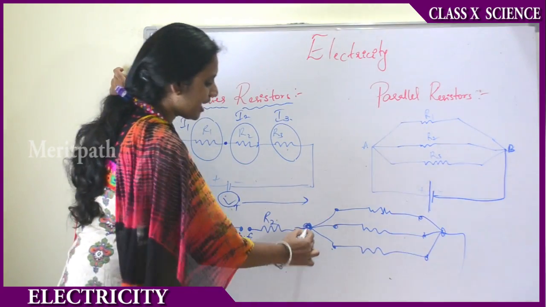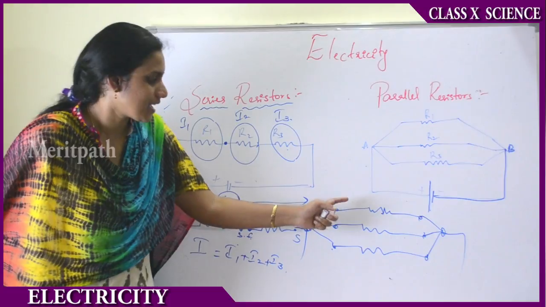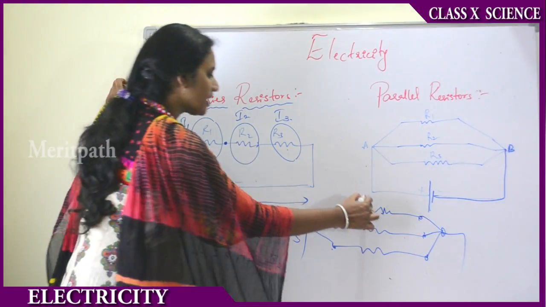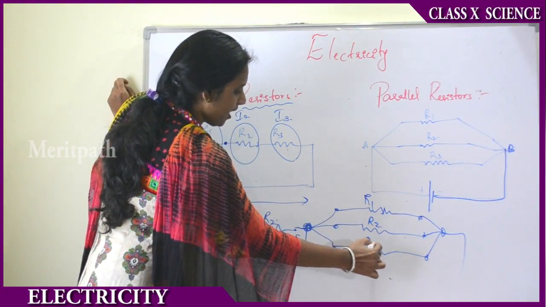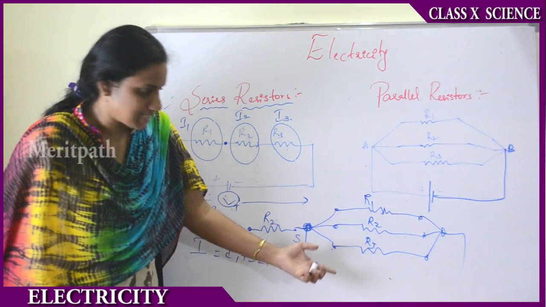This type of connection is said to be a parallel connection, that is R1, R2, R3 are said to be parallel resistors.